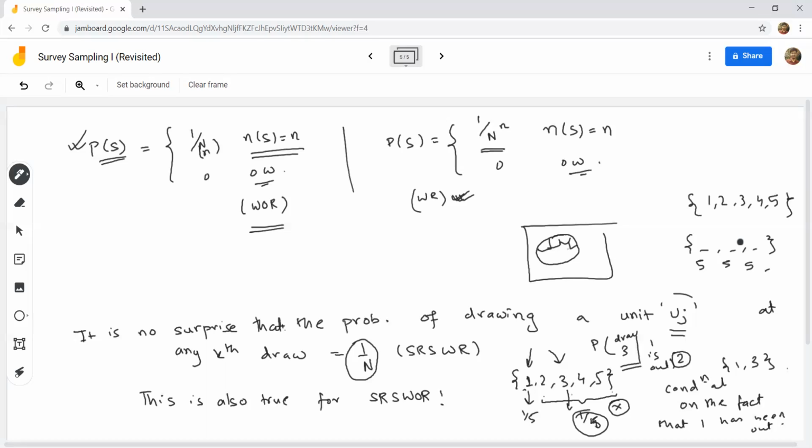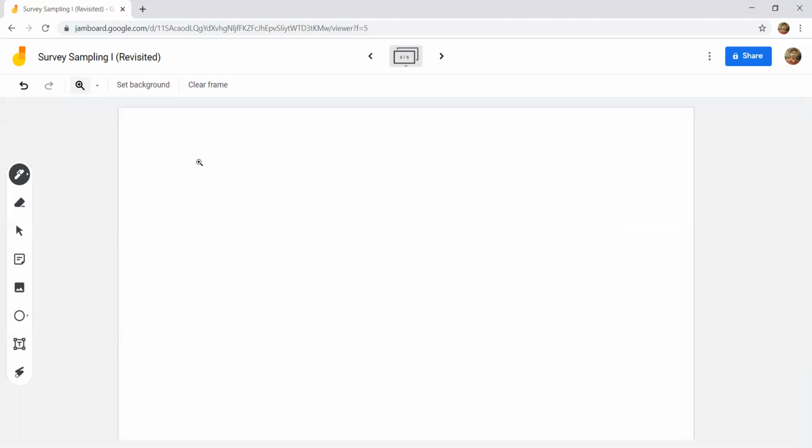Each element has equal probability of selection for SRSWOR. So let's prove this; it will be clear, I think.